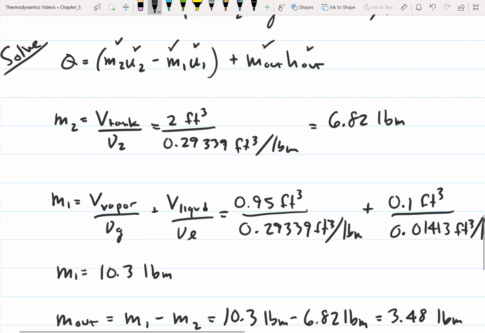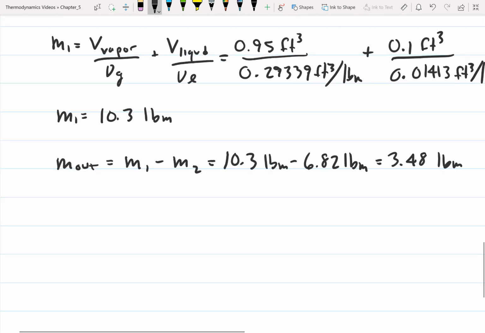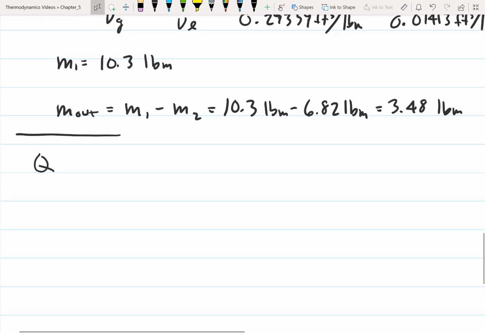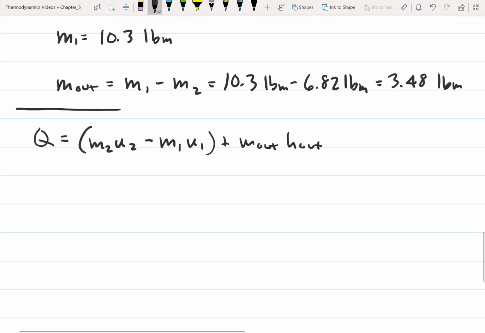So we have everything we need to solve this equation. Now we just need to plug everything in and solve it. So I'm going to rewrite the equation just because it's off the screen, but Q is equal to M2 U2 minus M1 U1 plus M out H out. And that's just a matter of plugging everything in.